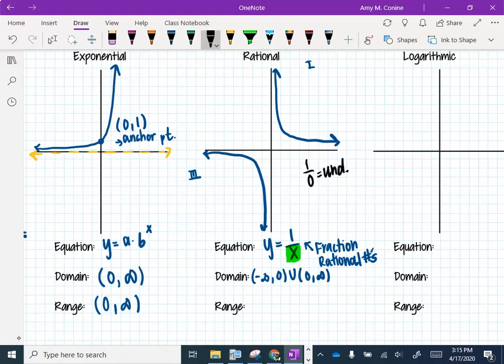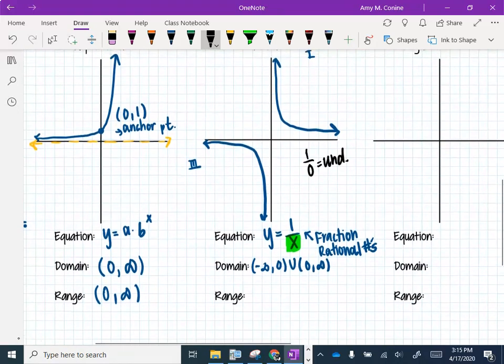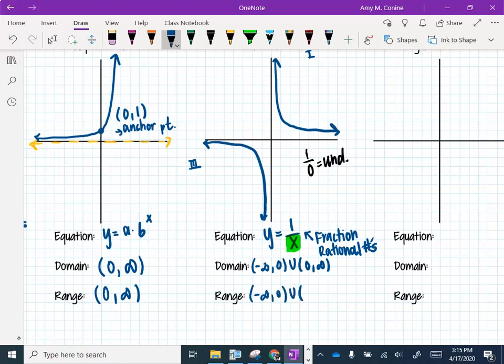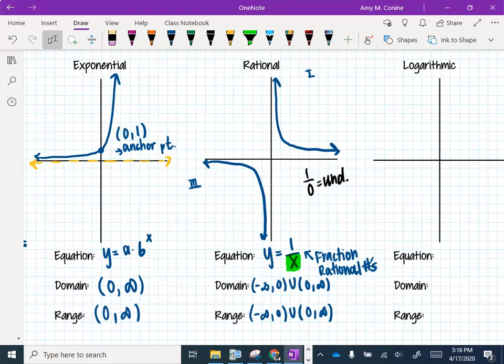So that's why your domain has to not include 0, because we can't have an undefined number in our domain. That also means that your range will be the same, because you can't get 0 as a result, so we also have to exclude that from our range. So that's rational.